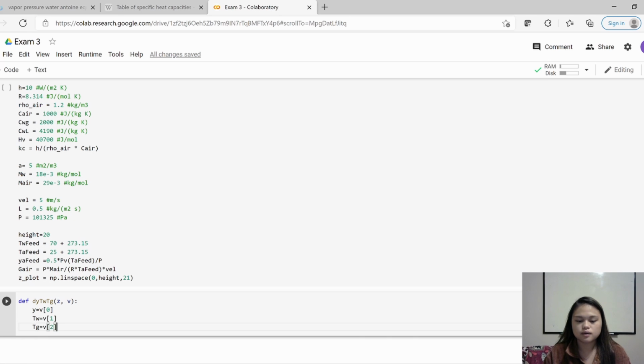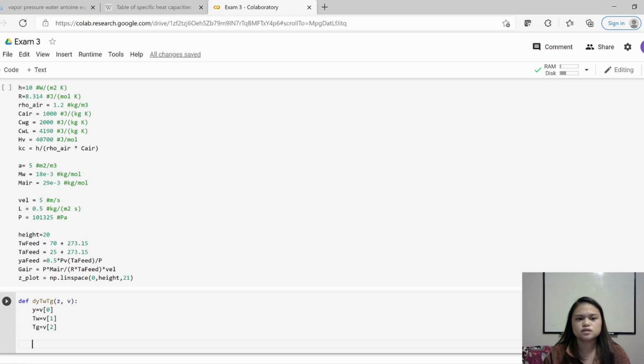And so now I need to enter in those differential equations that we found and derived in part B1. So let's start with the change in the mole fraction. We have the negative specific area multiplied by the molecular weight over the total gas flow rate, multiplied by the molar flux of the water at the interface.